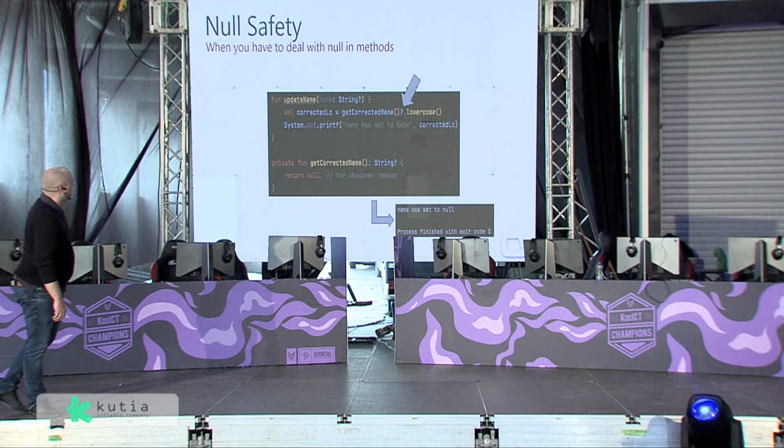So another point, this null safety, it's not just for arguments of methods or whatever. You can also use this for methods, for example. So if you check, well, I can't really see that, there's getCorrectedName as a method. And for whatever reason, I just return null. But I also do toLowerCase in Kotlin.